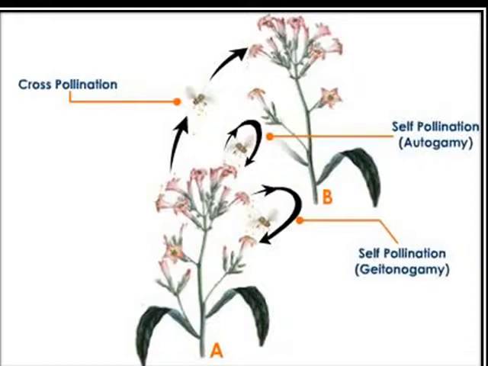Agent means a medium through which the male gamete will get transferred to the female gamete. It may be a physical agent, for example wind, water, or it can be a biological agent like a bee, an insect, or any other animal.